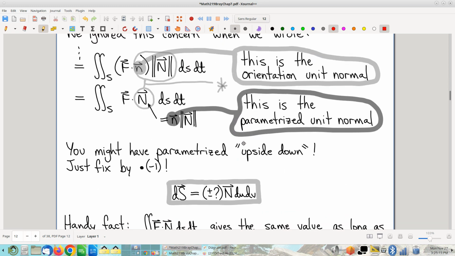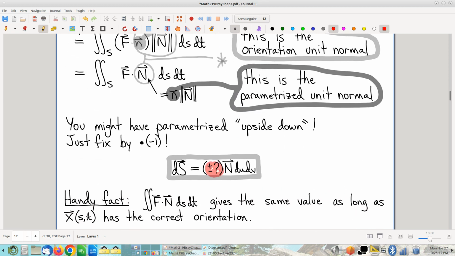Okay. All right, so this issue is the plus minus question mark that you're going to find in various places as we go through the rest of this section. Keep in mind, again, the dS vector is part of the given.